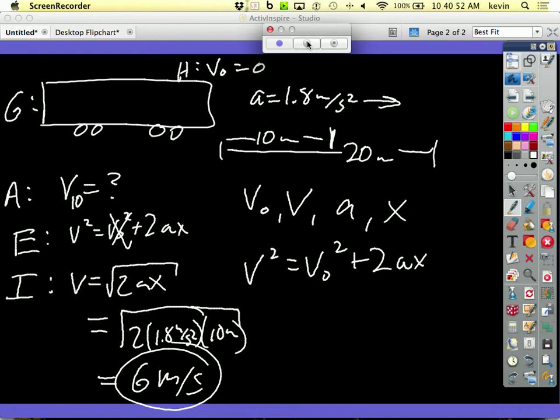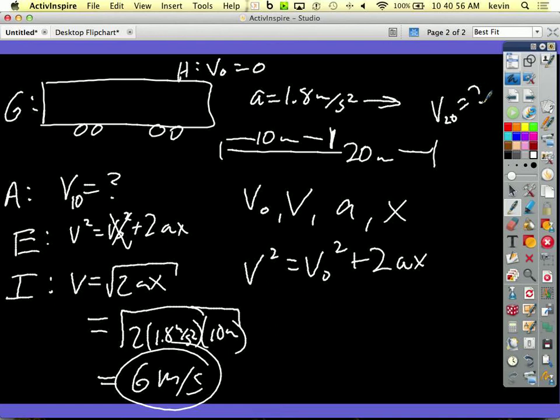The second question is, what is the velocity at 20? Is this velocity less than 2 times as big, 2 times as big, or greater than 2 times as big?